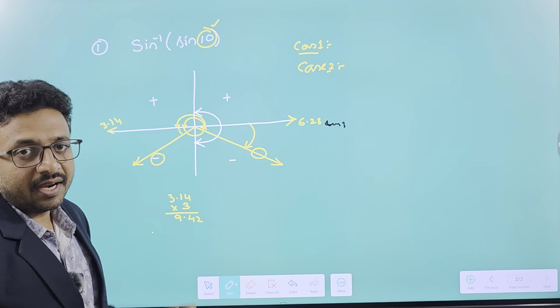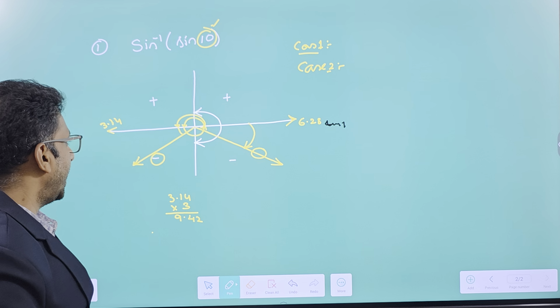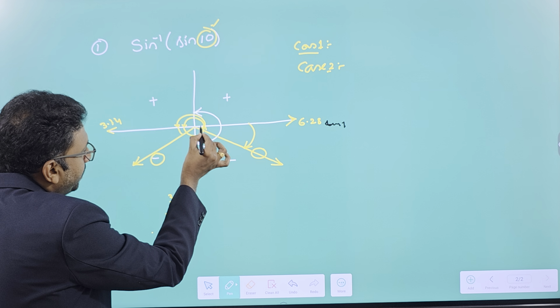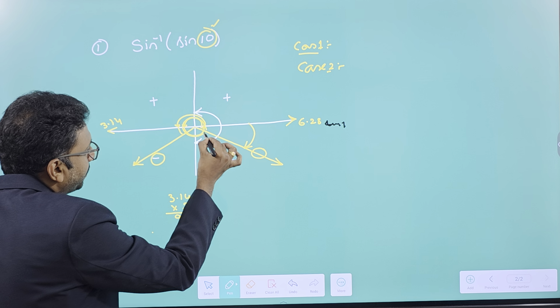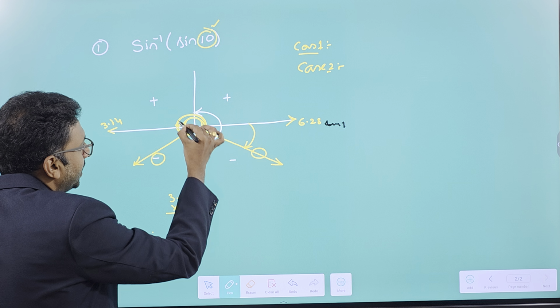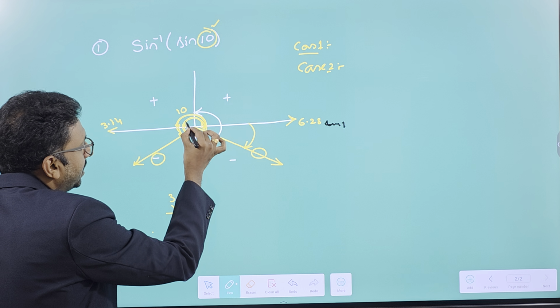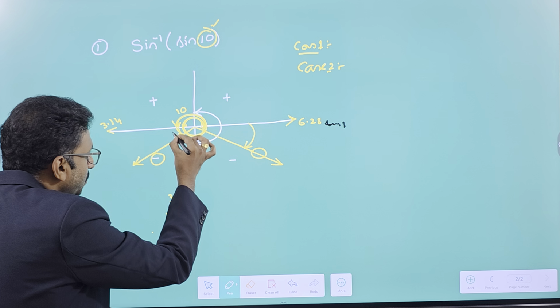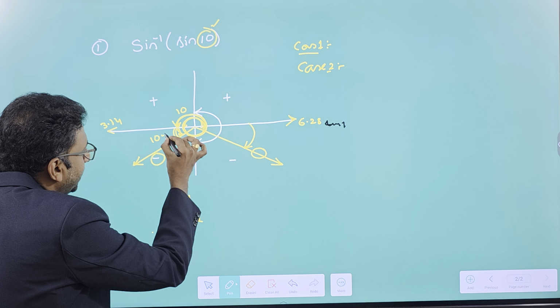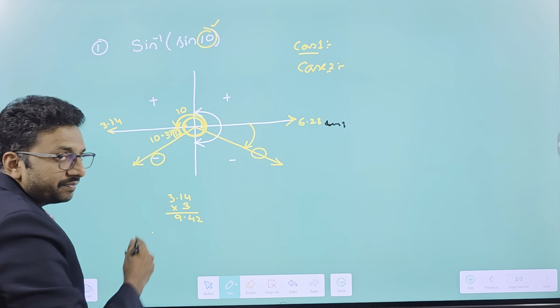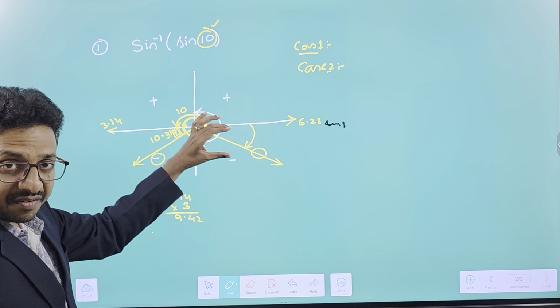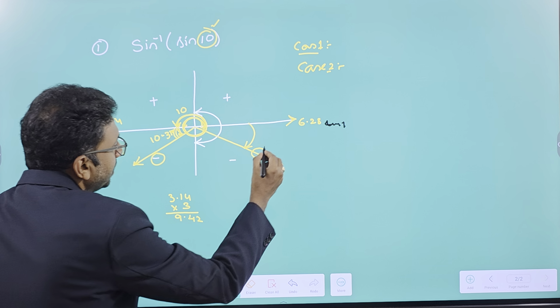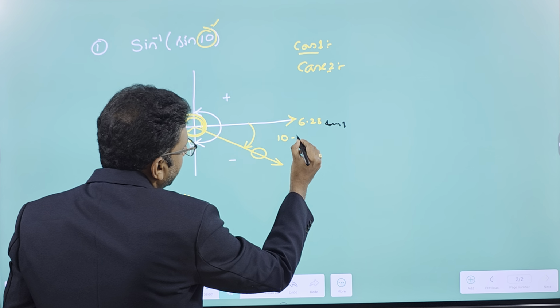So you have to calculate what this angle is. How do you calculate this angle? From basic understanding of angle, from here to here, this total angle is 10 radians, and from here to here, the angle is 3 pi. So this small angle is 10 minus 3 pi. So by laws of reflection, if this is 10 minus 3 pi, this is also magnitude wise 10 minus 3 pi.